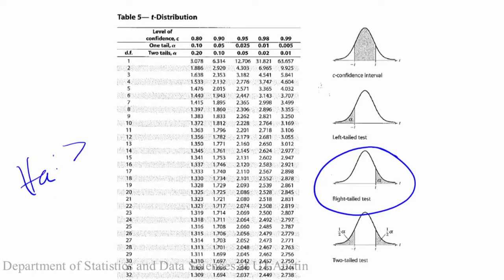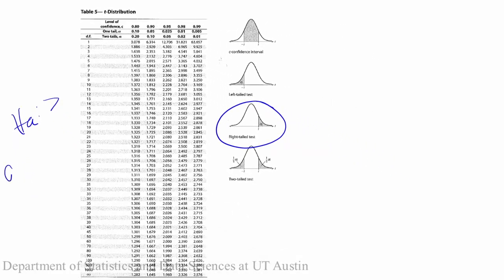Since we are assuming our variances are unequal, we will use the conservative degrees of freedom, which is the smaller of n1 minus 1 and n2 minus 1. The female sample was 51 for degrees of freedom of 50. The male sample was 41 for degrees of freedom of 40.